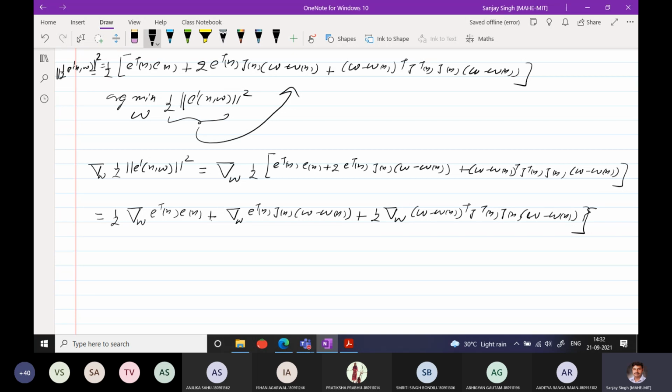Sorry, this won't be there. Now see, E is basically a vector. A vector in an inner product with another vector will be a scalar value, and differentiating this with respect to W will yield us 0.